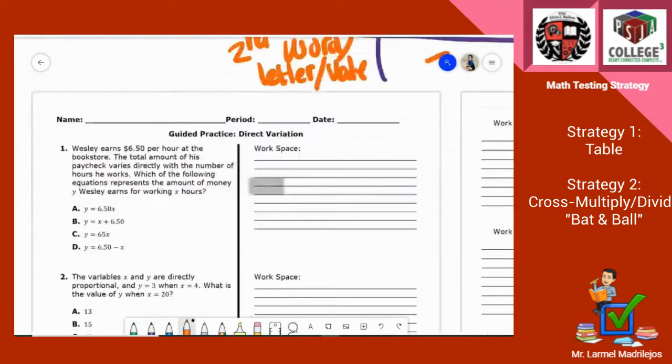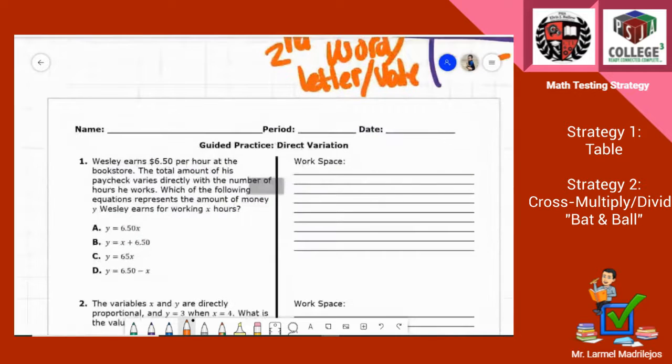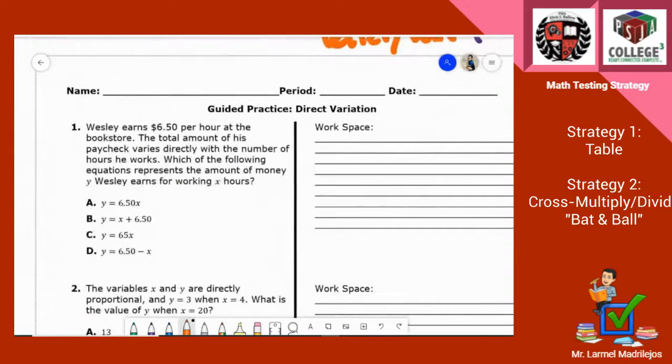Let's start with this. Question number 1. Wesley earns $6.50 per hour at the bookstore. The total amount of his paycheck varies directly with the number of hours he works. Which of the following equations represent the amount of money Y Wesley earns for working X hours?